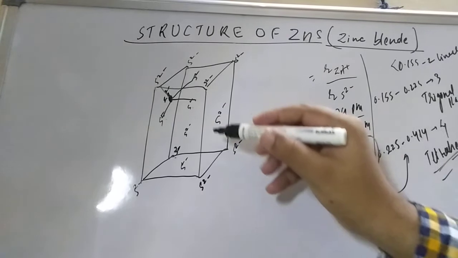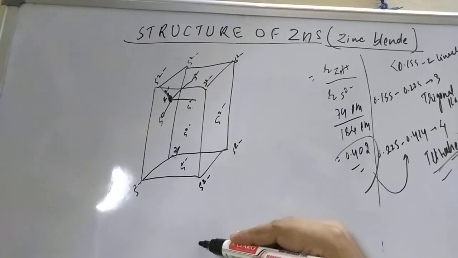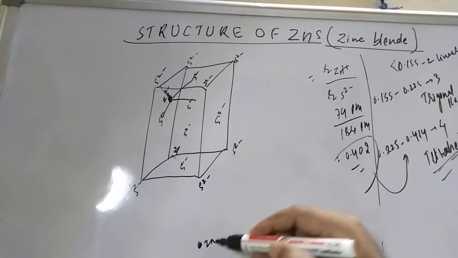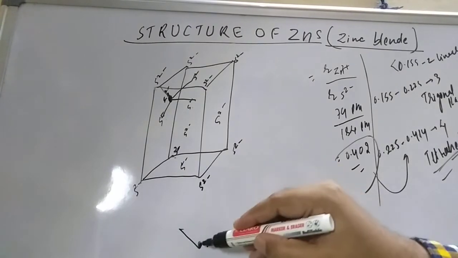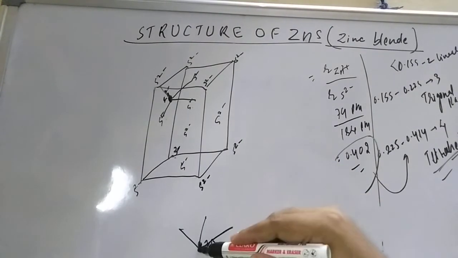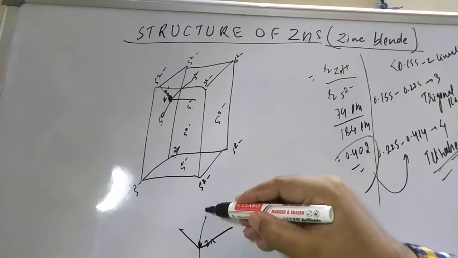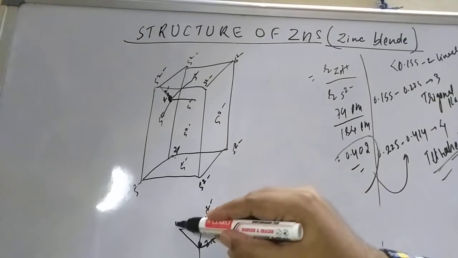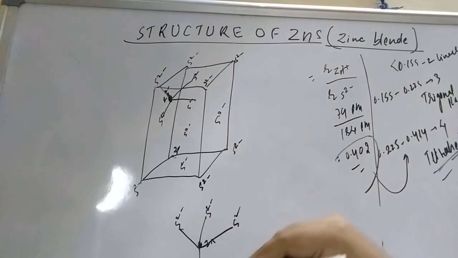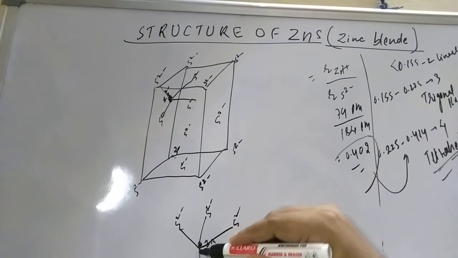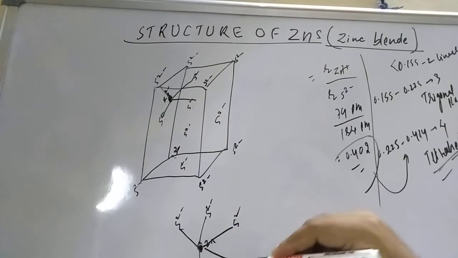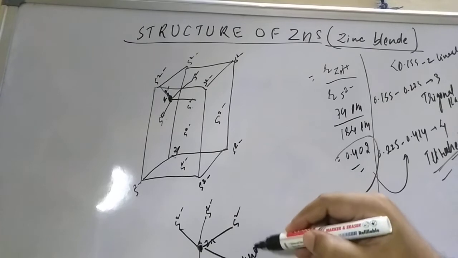So this is the Zn, joined with S2- at each of these positions. So what structure is Zn getting? It is tetrahedral.